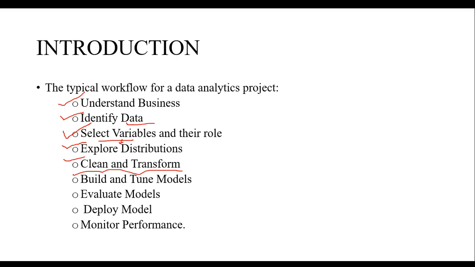If there are any outliers, those have been addressed, and only the variables that need to be addressed are there. And in transformation, it means that you transform the data.